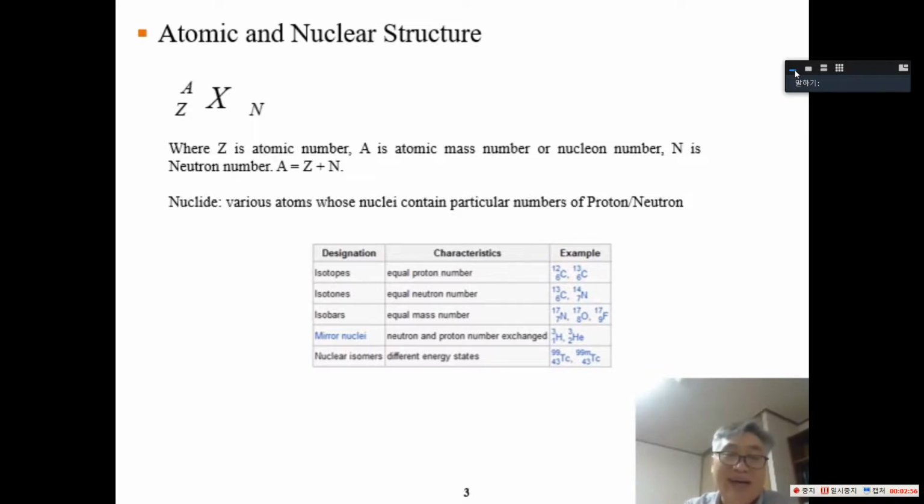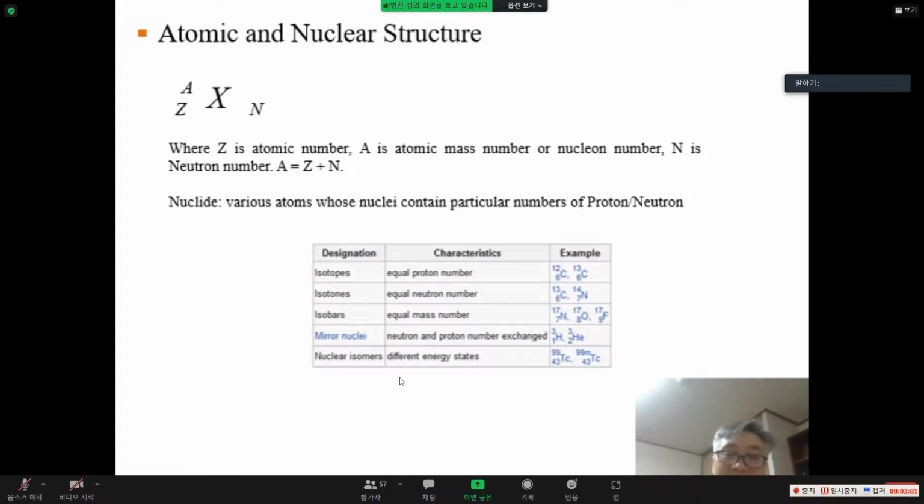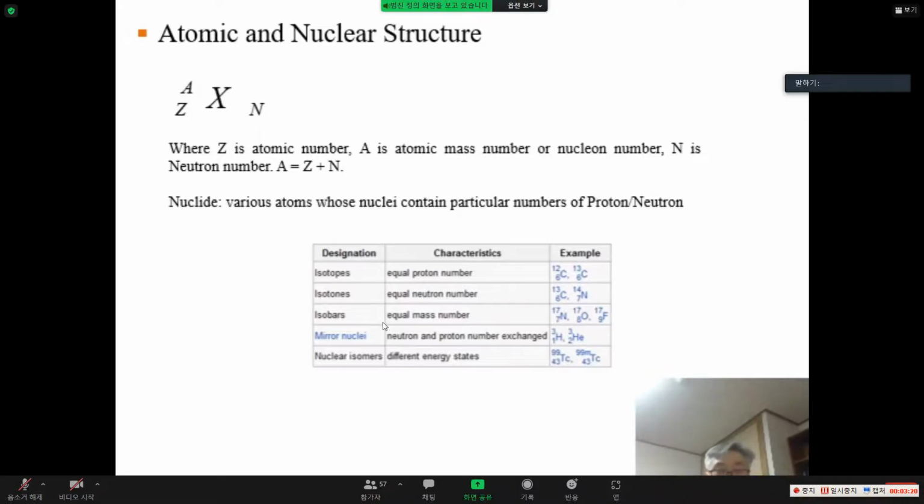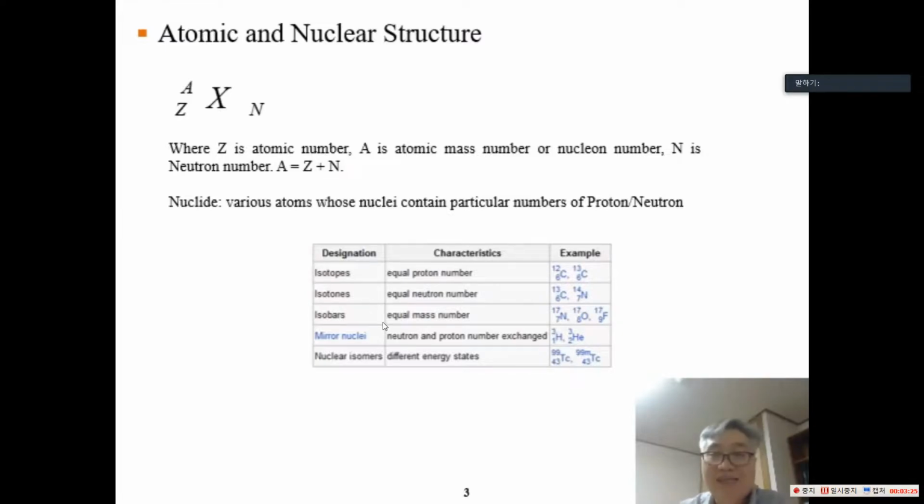So A equals Z plus N. So Z is a number of proton, A is mass number. X is element nomenclature. Normally, we omit N. We just write Z and A only. So this is basic notation for an atom.